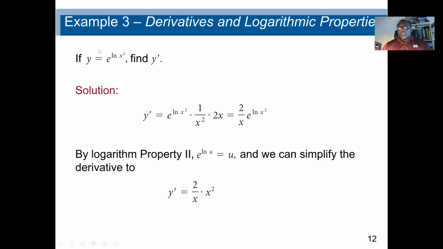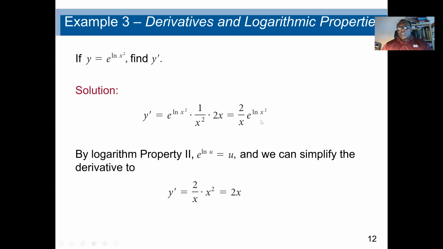Because again, the derivative of natural log x squared will be 1 over x squared. And so our final answer will be 2x over x squared times x squared. We can cancel, then we get 2x. So the answer will be 2x.